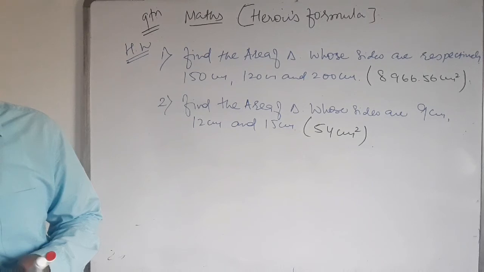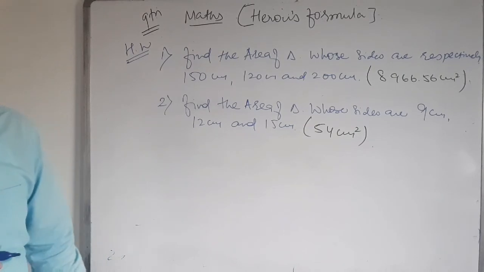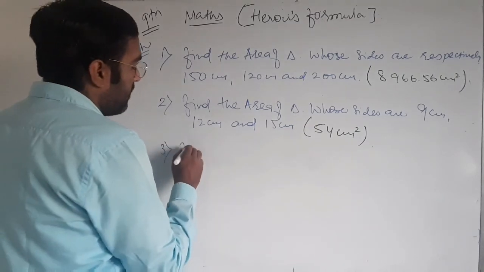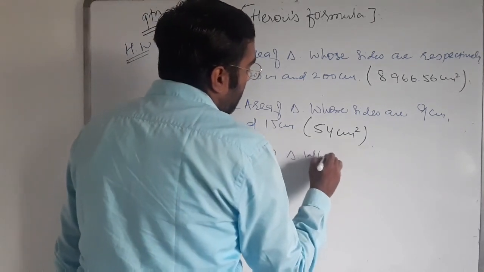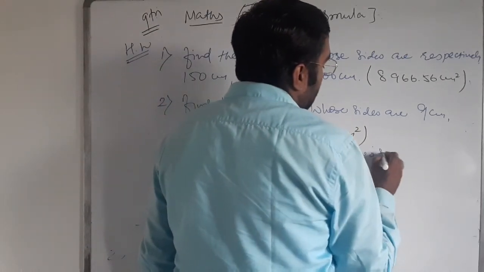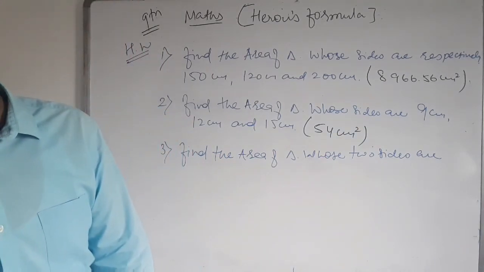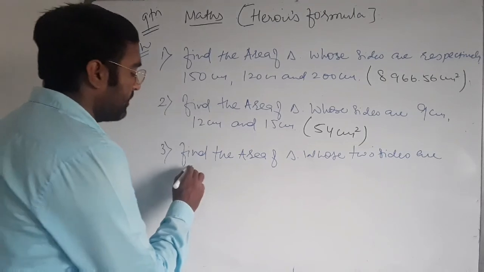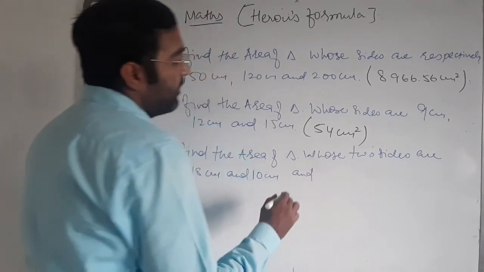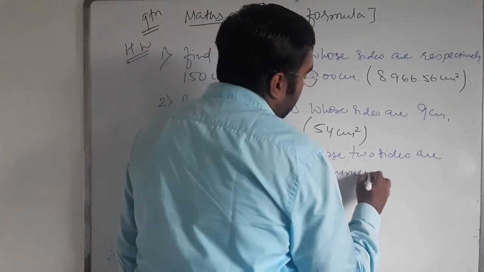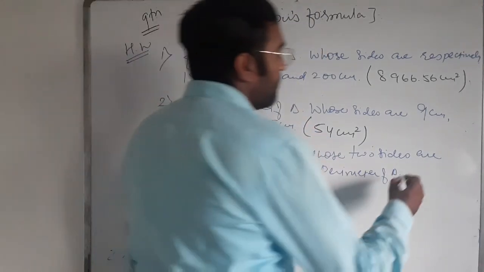And now the third one: find the area of the triangle whose two sides are 18 centimeter and 10 centimeter, and its perimeter is 42 centimeter.